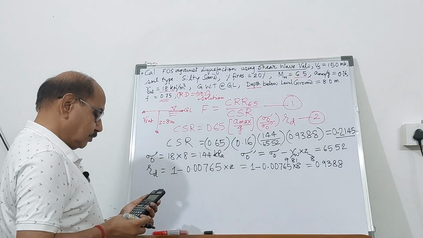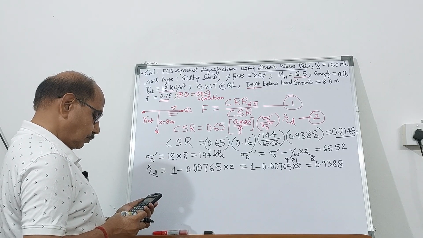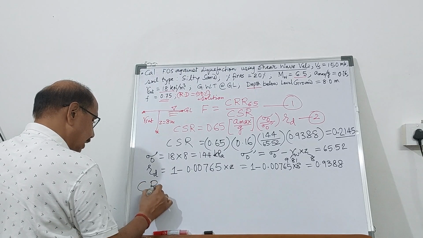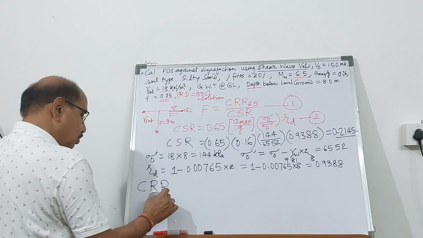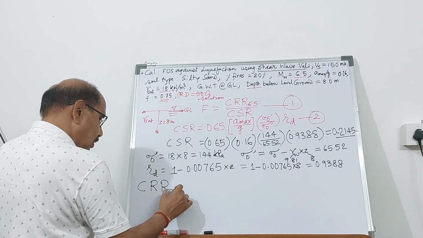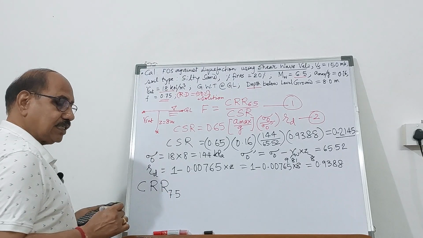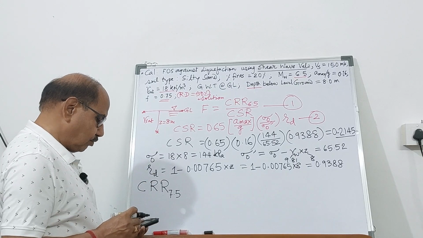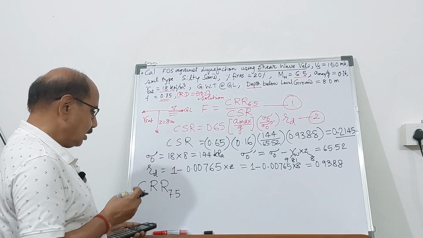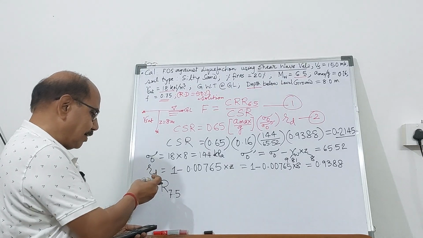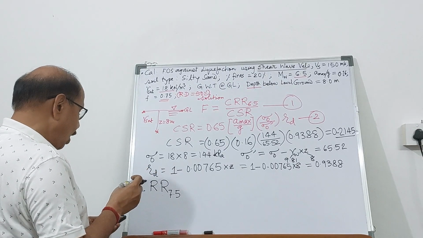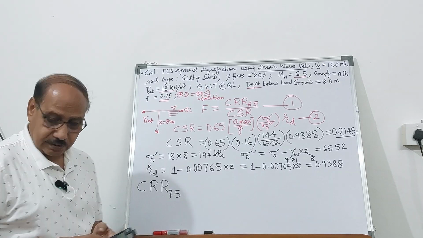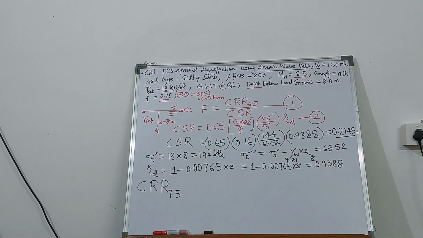Now, next is CRR. So CRR, cyclic resistance ratio, has to be found out for Mw equal to 7.5. And the formula, either you can find it out from the curve plot given in the IS code, or you can use the formula and calculate it.